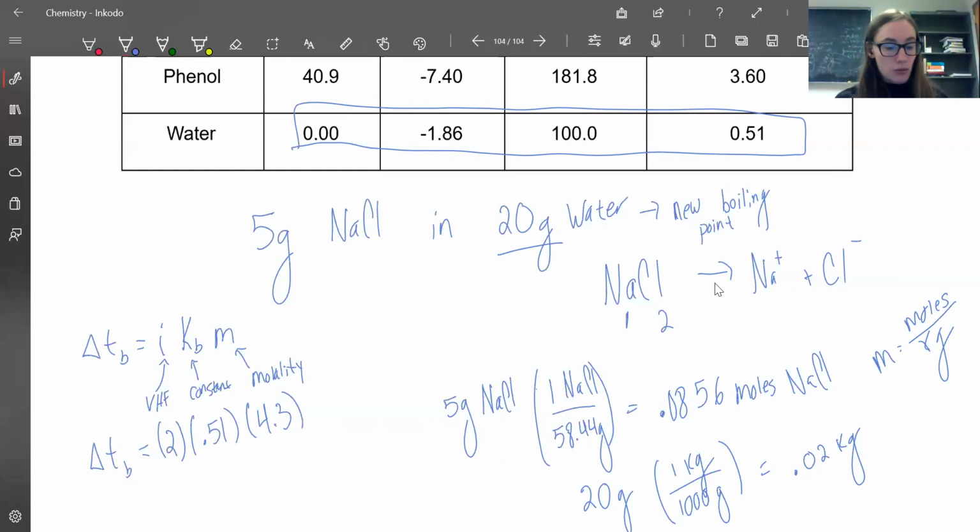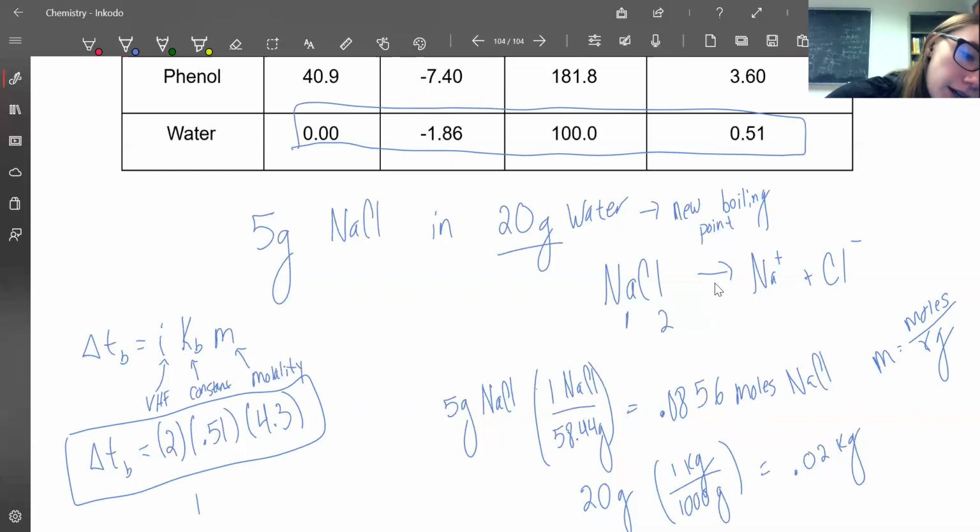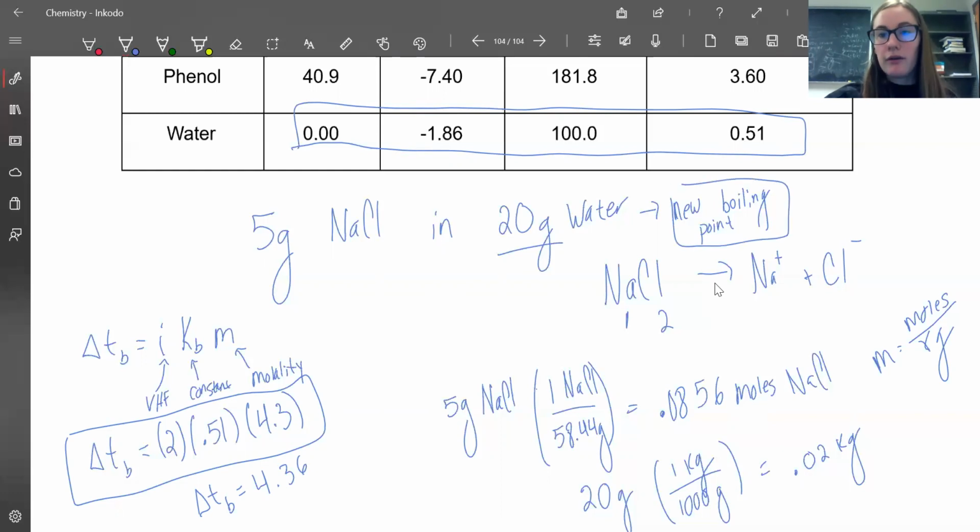So we're going to do 4.3 times 0.51 times 2. I have a change in the temperature of my boiling point of 4.36. So did I find my new boiling point yet?